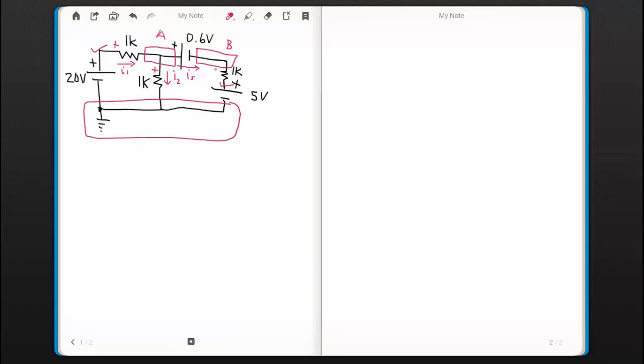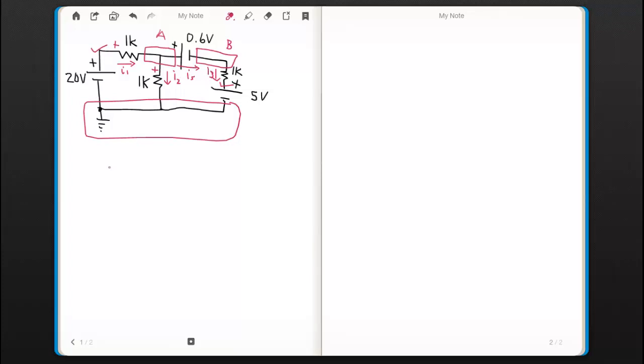And this current through this 1K here, I'm going to label I3.